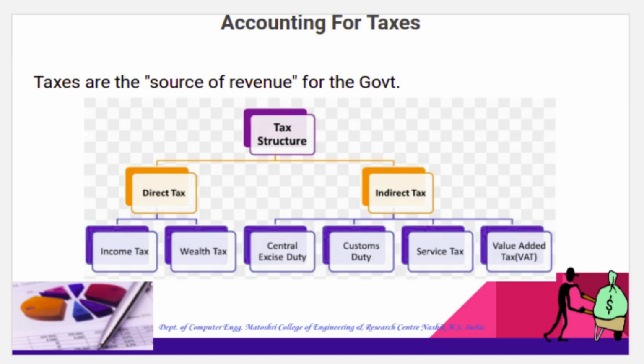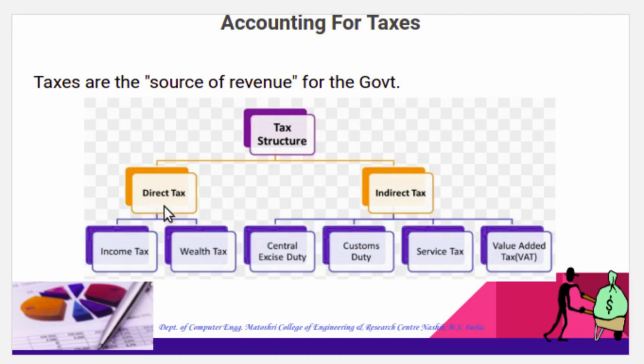Taxes are the source of revenue for the governments and are paid by the Indian public as well as all types of businesses. There are two main categories of taxes. In this diagram, we show these two types of taxes. One is the direct tax and another is the indirect tax.